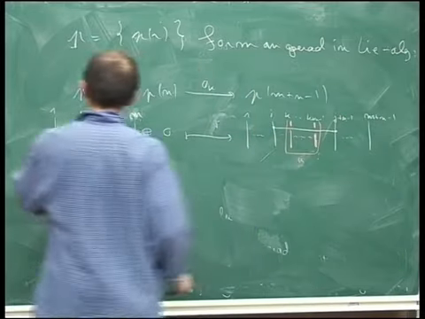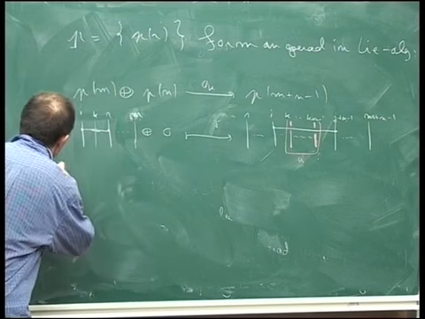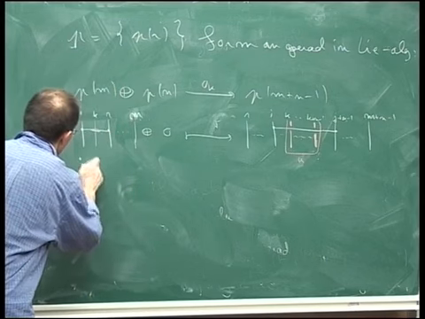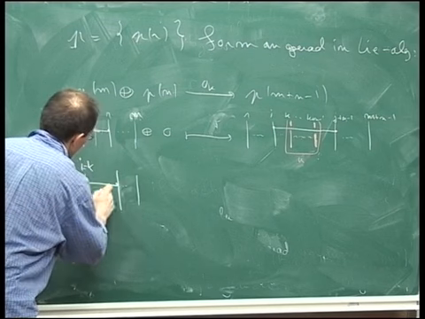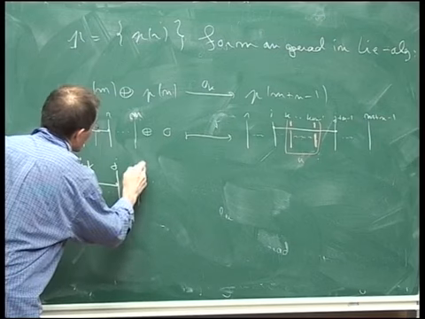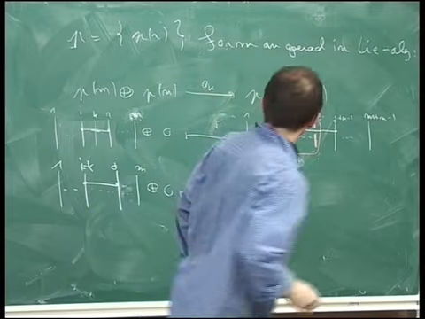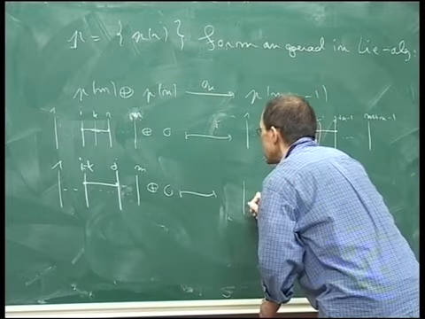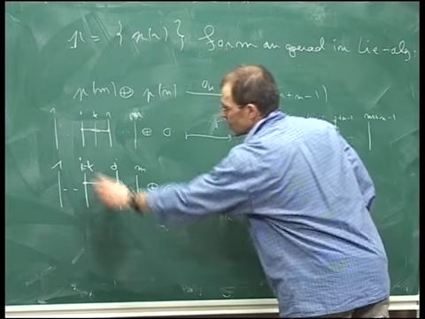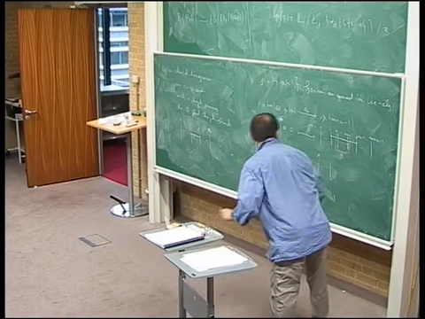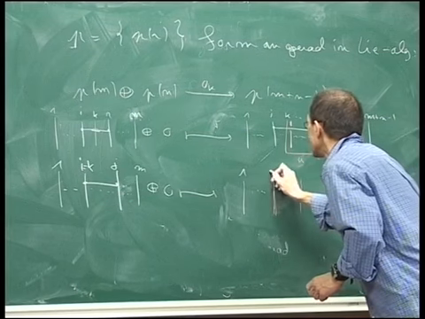So in the case where k is i, for instance, then I do the same thing. I insert n strands on this position.